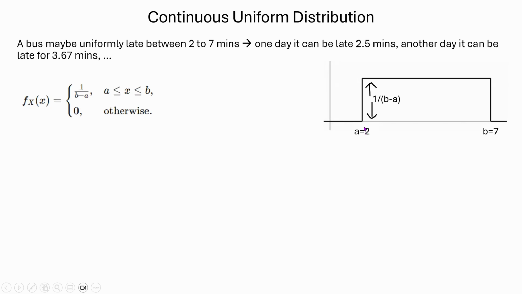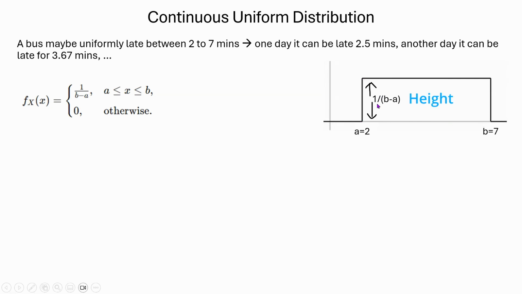So here, a equal to 2, that means this is the starting time, and b equal to 7, this is the ending time, that means the maximum late time. This whole late time is uniformly distributed. So you can see that the height is the same for all the different late values, right?